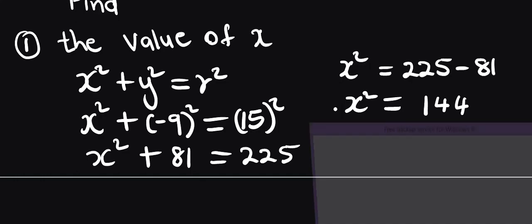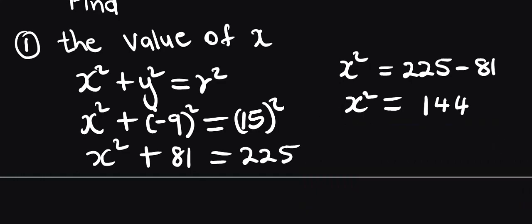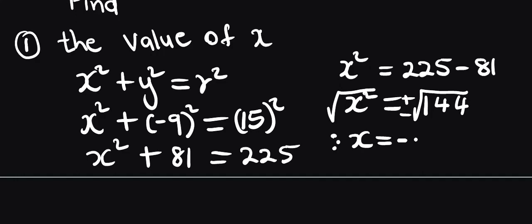Now the only thing we need to do is to apply the square roots on both sides. And remember, the square root is always plus or minus. Therefore, the values of x here are x is equal to negative 12 or x is equal to 12.